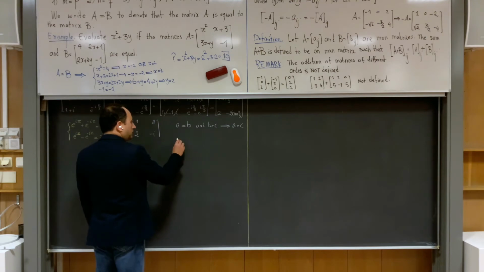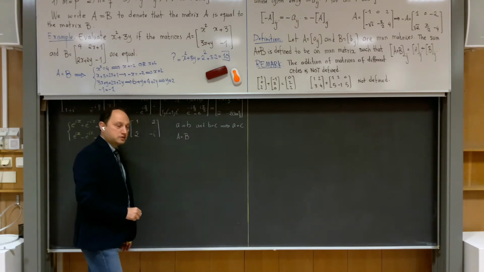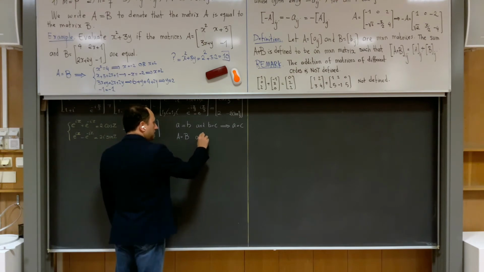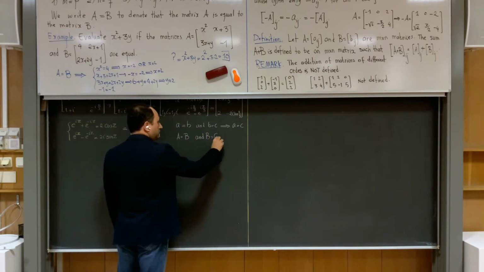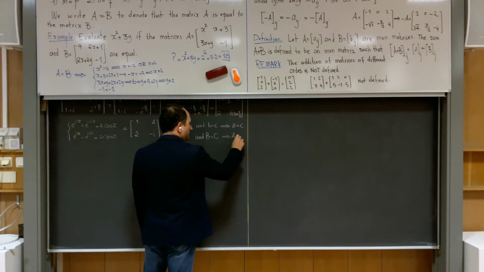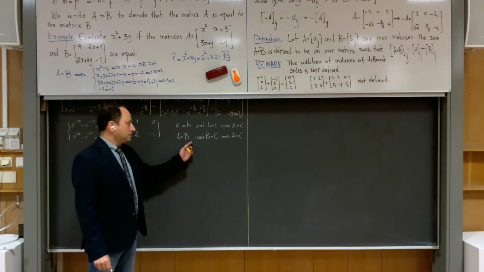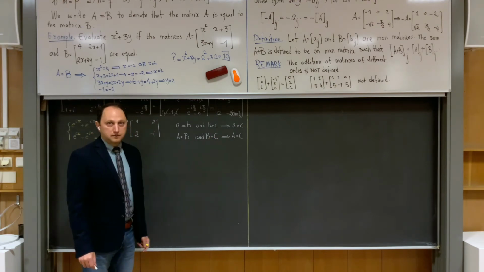So in the world of matrices, is it true that if matrix A is equal to matrix B and matrix B is equal to matrix C, can I still conclude matrix A is equal to matrix C? Does transitivity also work in this case?